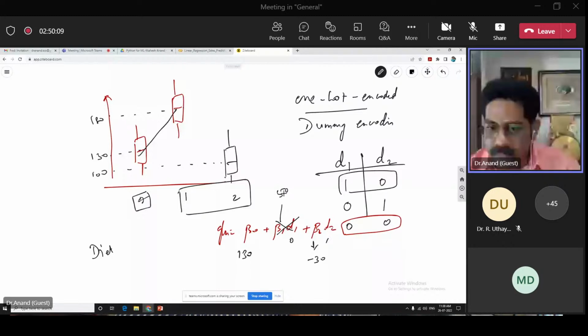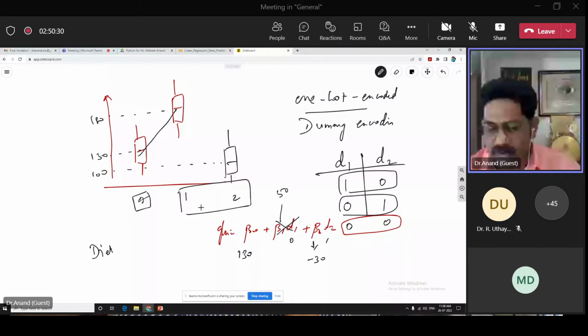Substitute 0, 0, what happens? 130. Substitute 1, 0: 130 plus 50 times 1 plus 0, so 130 plus 50 becomes 180, works. Finally, substitute 0, 1: 130 plus 0 minus 30 becomes 100. So this is your final equation: 130 plus 50 times dummy 1 minus 30 times dummy 2. This is how your model will learn a dummy category, the diet plan.